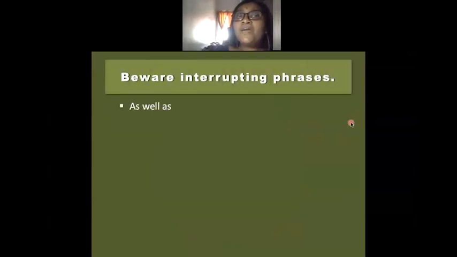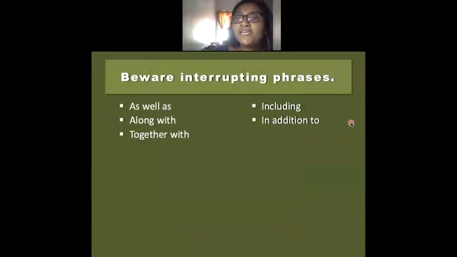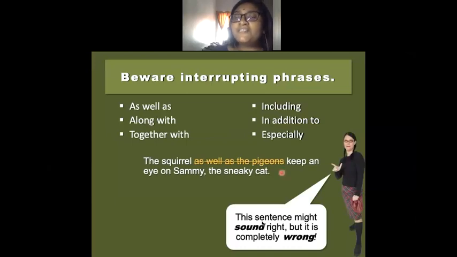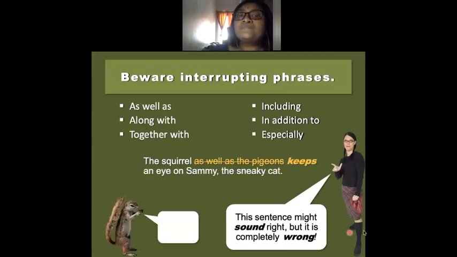Beware of interrupting phrases like this one. This squirrel, as well as the pigeons, keep an eye on Sammy, the sneaky cat. So this sentence might sound right, but this is wrong. Why? The squirrel, as well as the pigeon, keeps an eye on Sammy, the sneaky cat.